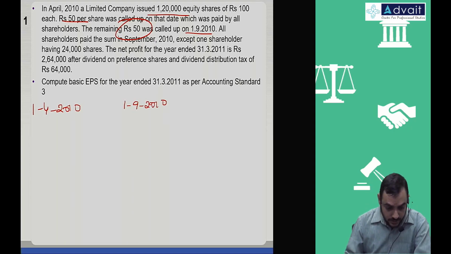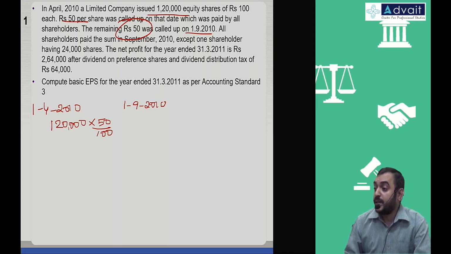how many shares are to be considered? 1,20,000 shares were there, but what you called up is only 50 per share. So we should take only the fraction 50 by 100. And that is not for the whole year, only up to September, so you have to take it proportionately for the number of months.